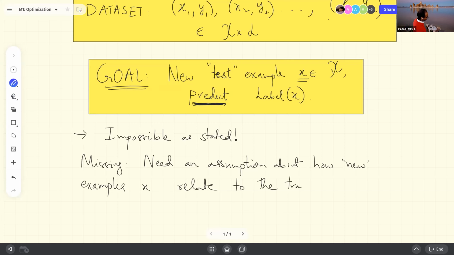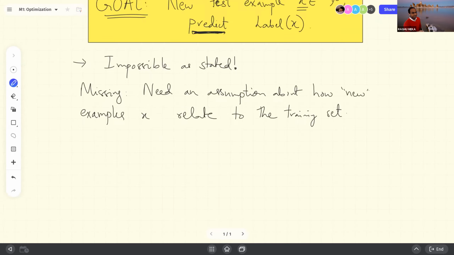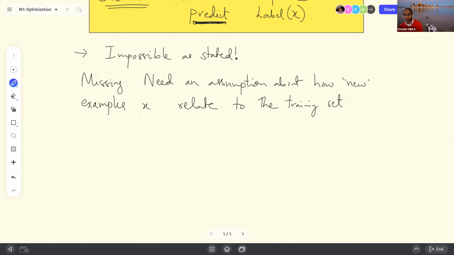We need some connection between these two things. Otherwise, there's no point. Imagine I teach this entire course and in the final I show problems on number theory. It's not going to be a good experience for anyone. So we need to make some assumption about how the new test examples relate to the ones that we already saw in training.